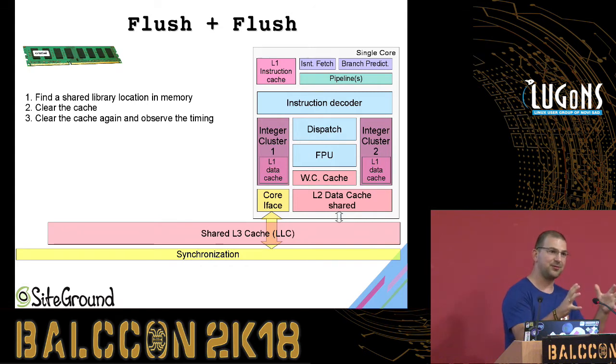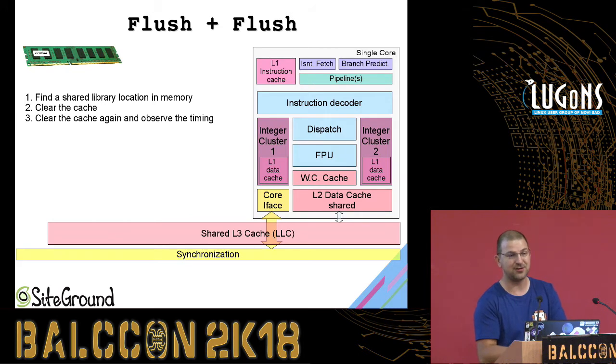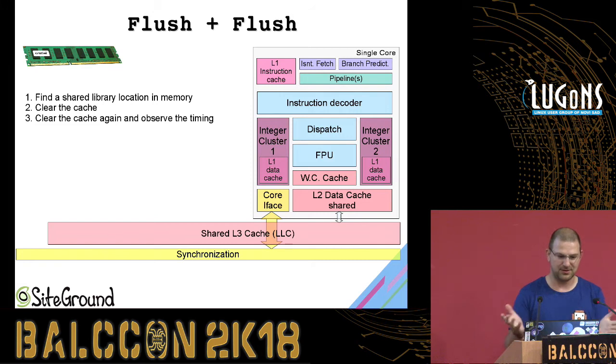If the cache is actually full with data, the CLFLUSH instruction will take longer than if it is already empty. So you don't need to access the memory at all.